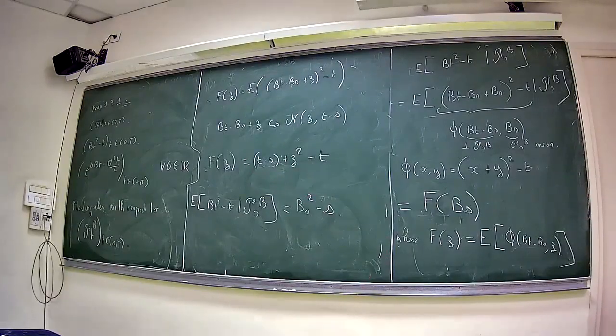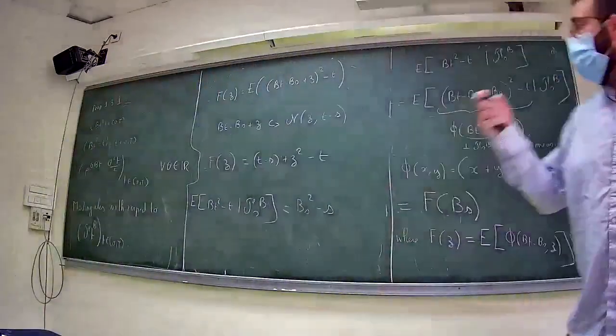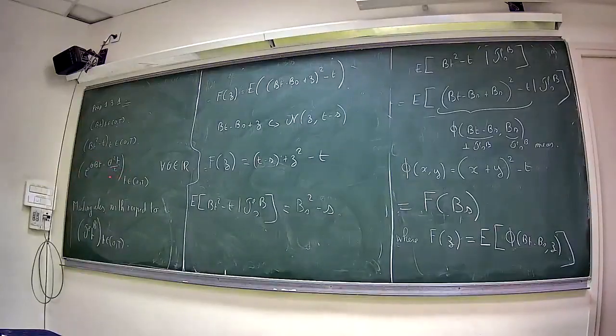Okay, so you have proved here that this one is a martingale. Okay? So at home, because it's time now, we have to finish, do this one by yourself to prove that this one is a martingale.